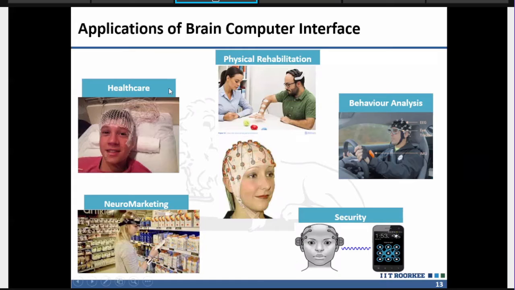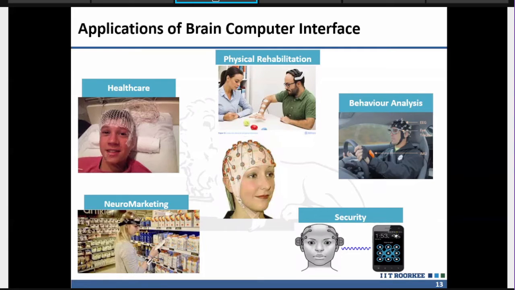Now, not only healthcare, there are actually many other applications of EEG-based brain computer interfaces. If you see the research papers in the areas of brain computer interface or EEG, you will see that people are publishing a lot on physical rehabilitation, behavior analysis, security, neuromarketing, and lots of other applications.